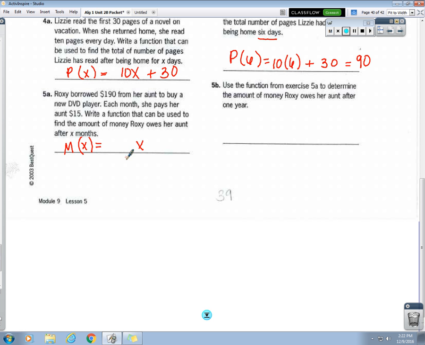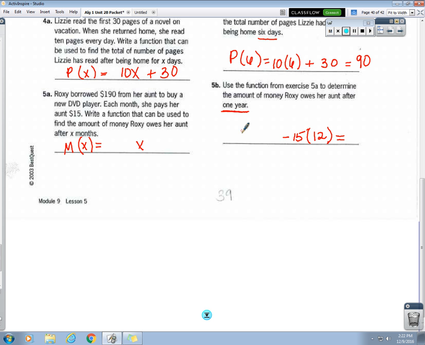Okay, say you're having a hard time creating this function. If she's been paying her aunt back for 1 year, how would you figure out how much she still owes her aunt? Okay, where did the 12 come from? Right, because even though they said 1 year, our X is in months. So you got to convert that 1 year to 12 months. So that's how much she's been paying for 12 months. What would you have to do, though, to see how much more she owes?